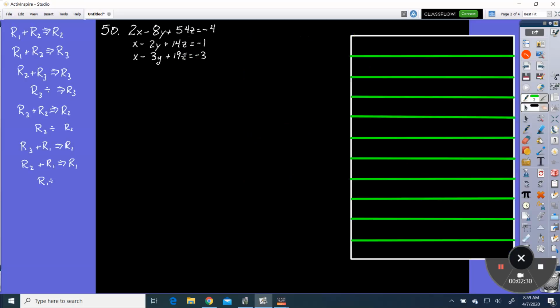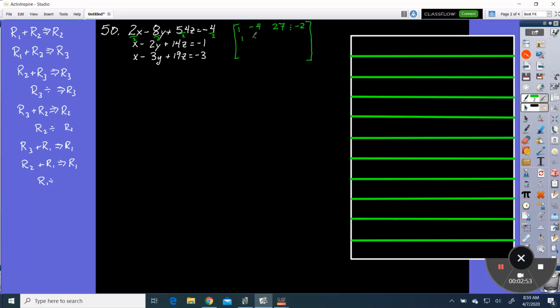So now onto this next page. These are all divisible by 2 on the top, so I am going to divide these all by 2. It just makes it so I can work with smaller numbers. So my matrix is now 1, -4, 27, -2.